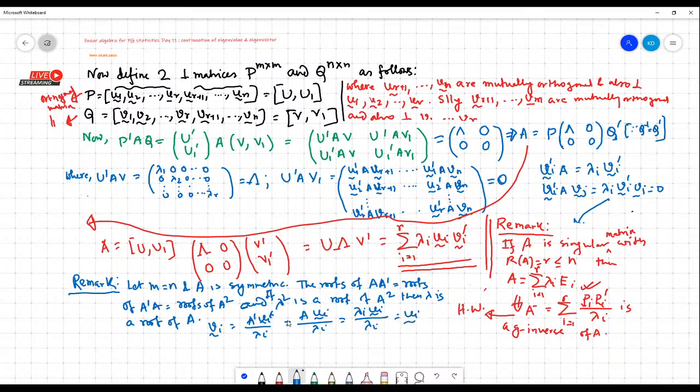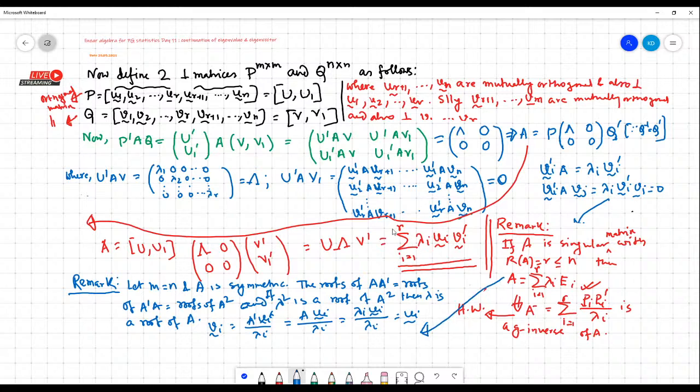Hence if A is a symmetric matrix, that means an obvious square matrix, then Vi curl equal to Ui curl, and hence for this result, you can write this result.